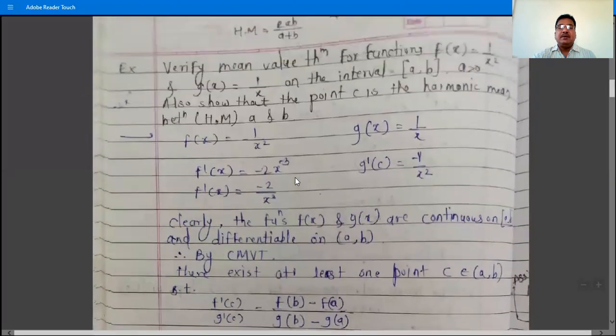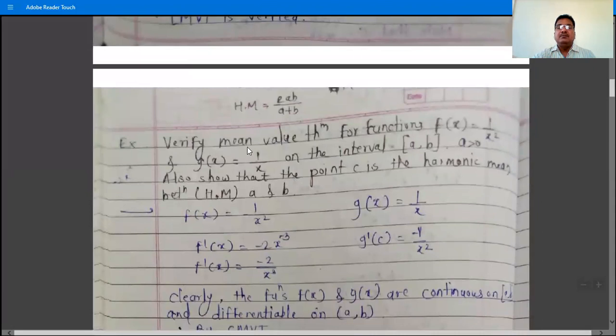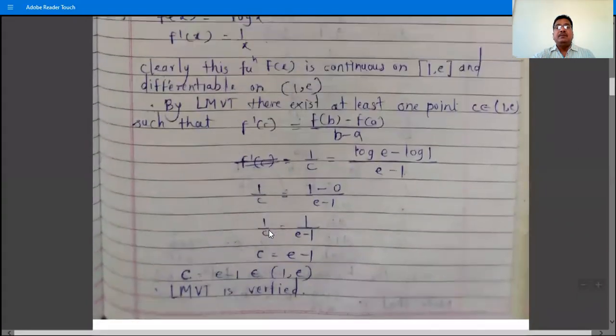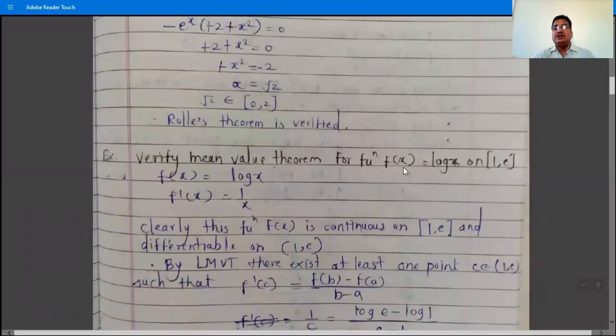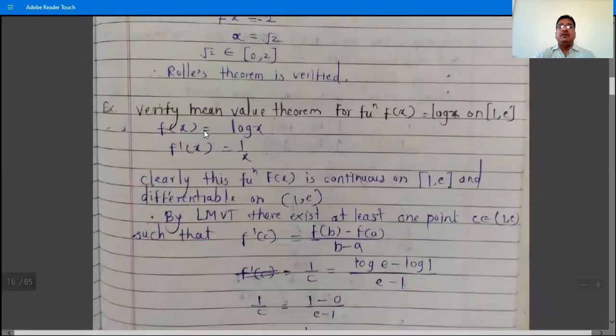So the next example is again verify the mean value theorem, and we are given f(x) equal to and g(x) equal to. We are given two functions, which means we have to verify Cauchy's mean value theorem, because in the example for Cauchy's mean value theorem we are given two functions, whereas for the mean value theorem only one function is given, so there we verify Lagrange's mean value theorem.